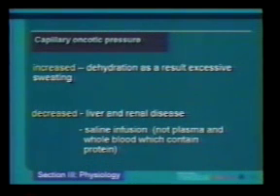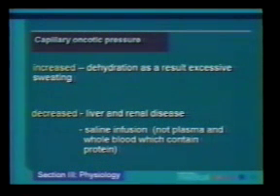Now, the second variable here that we'll consider is capillary oncotic pressure. This is almost as important as capillary hydrostatic pressure, but is also more complex and more difficult to think through. Remember, we said the proteins in the vascular compartment suck fluid and promote reabsorption.